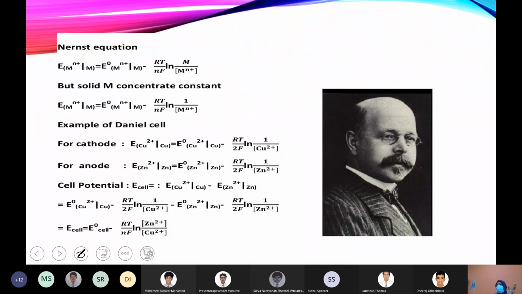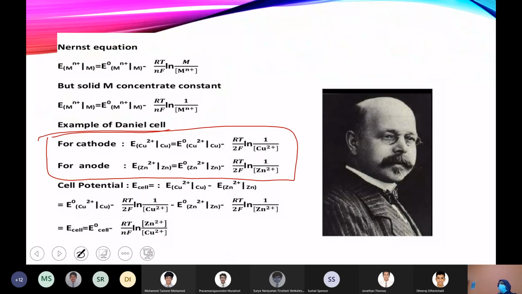Like that, you can find it for an individual electrode, and when you are making an electrochemical cell, they have taken the example of the Daniel cell. So the cathode is copper, and you can see the anode. For the Daniel cell, if you want to calculate the cell potential under non-standard condition, E cell is equal to E cathode minus E anode.